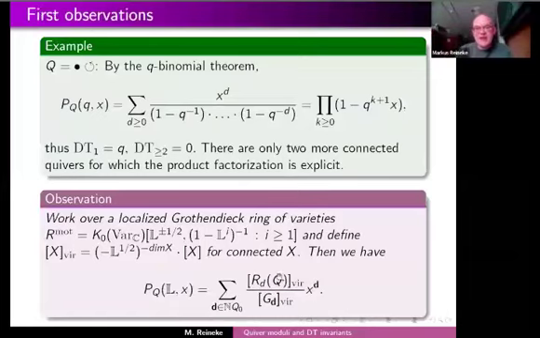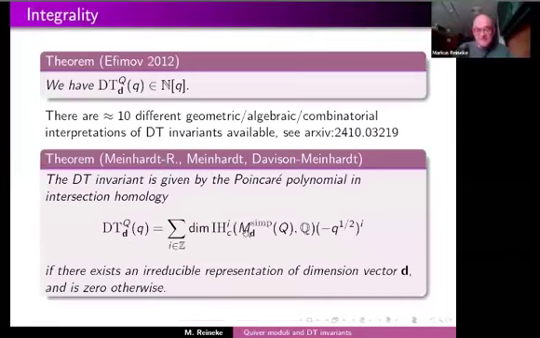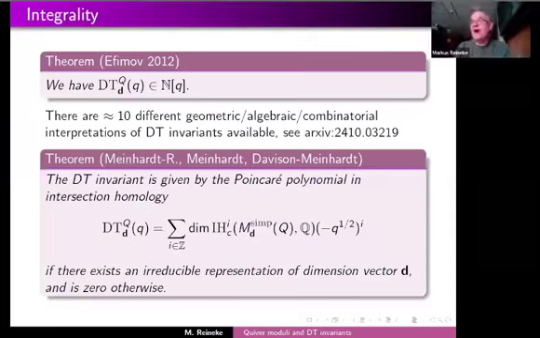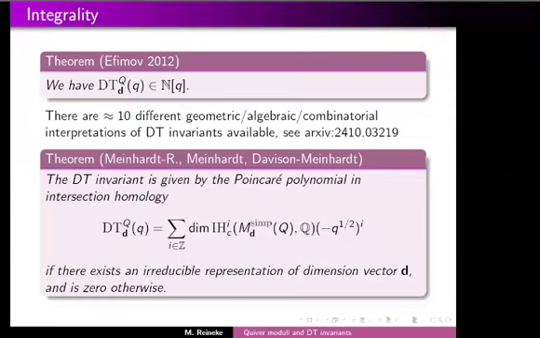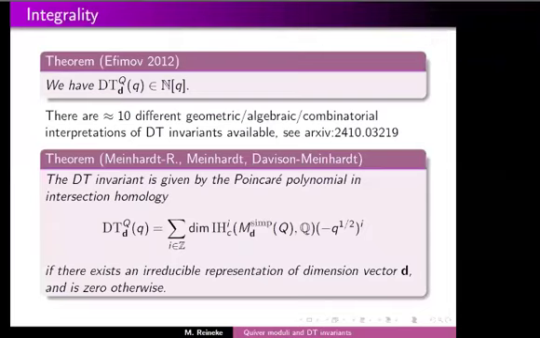So here you write down R G Q, but only the semi-stable locus. Then you can formally do the same definition of DT invariants, and the theorem of Meinhardt, Davison and myself still holds. You take the moduli space of semi-stable representations, and this is still true. And then again, if you know how to compute these moduli spaces, which are singular, and you know how to compute intersection homology, then you can really compute DT invariants. So it more or less literally translates to the same case.